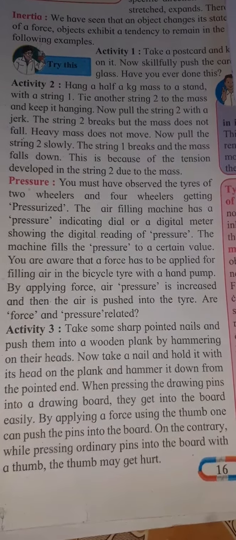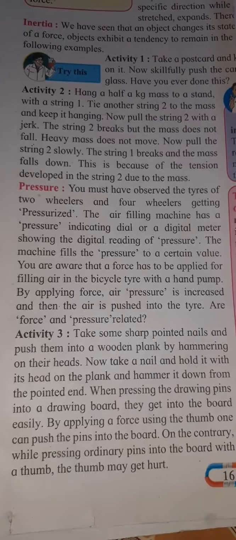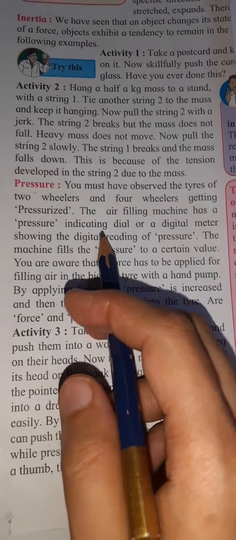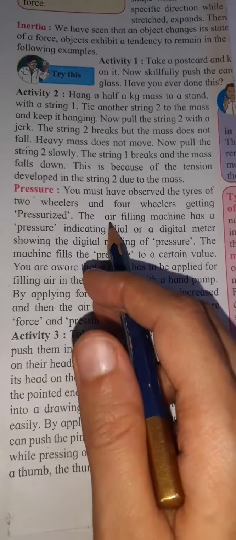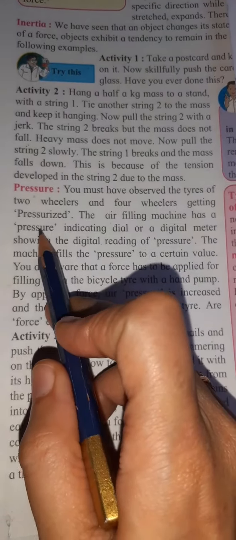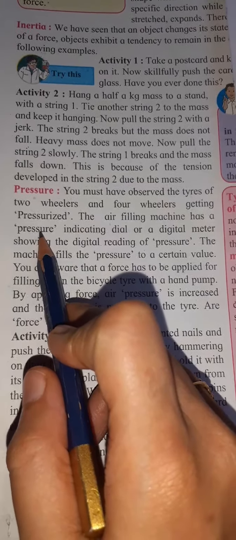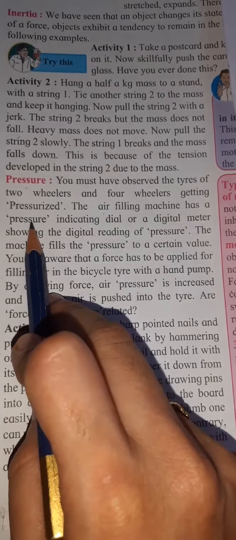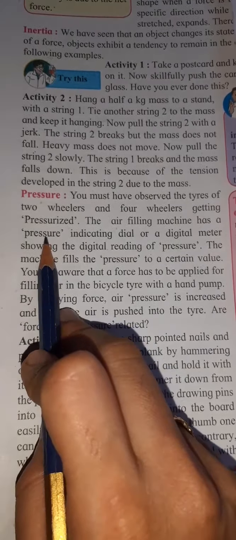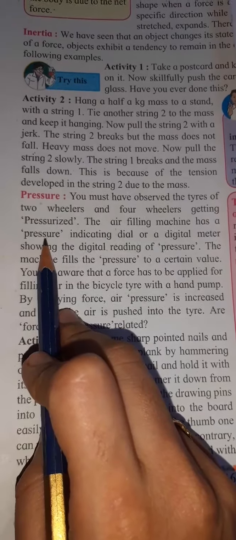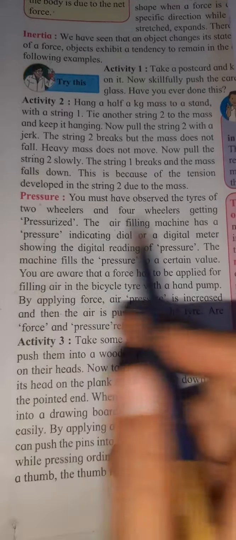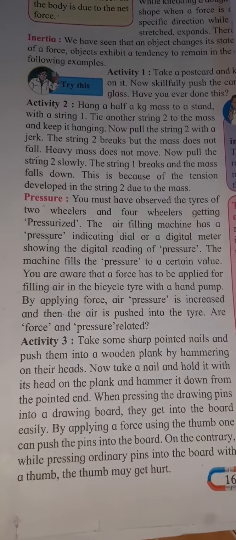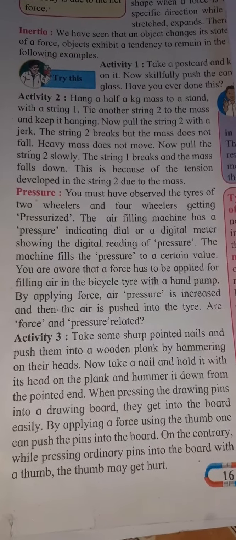Pressure has to be applied on the hand palm of the machine, and then air fills in the tire. This air which is filling inside the tire actually has some pressure, so it creates that pressure on the walls of the tire, and because of that pressure the tire expands, okay, and it becomes rigid.